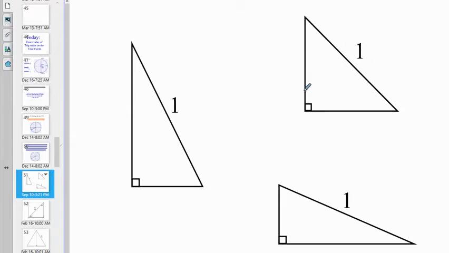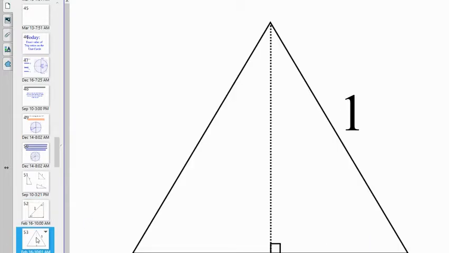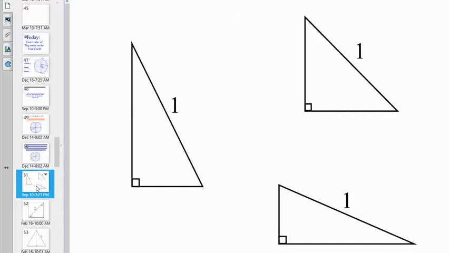And then this one, if it's as tall as it is wide, is an isosceles right triangle, the 45, 45, 90 triangle. Reminder from before break, we figured this out by taking a look at half of a square, an isosceles right triangle. We took a look at half of an equilateral triangle to get the 30, 60, 90 triangle. You can check the notes from that.